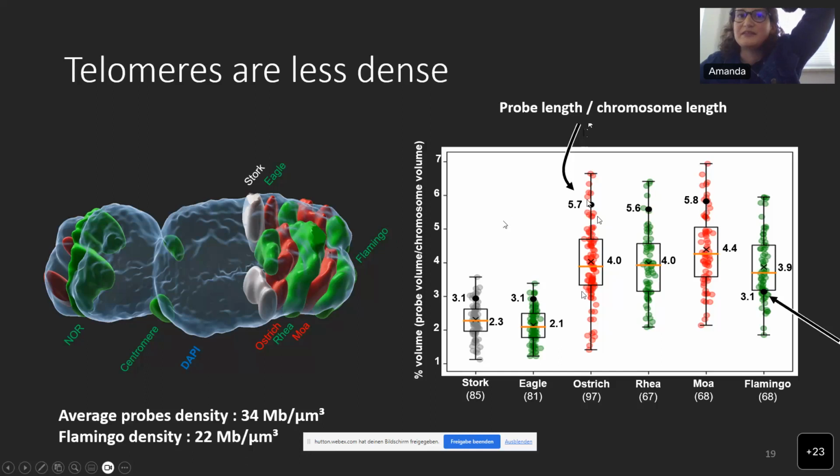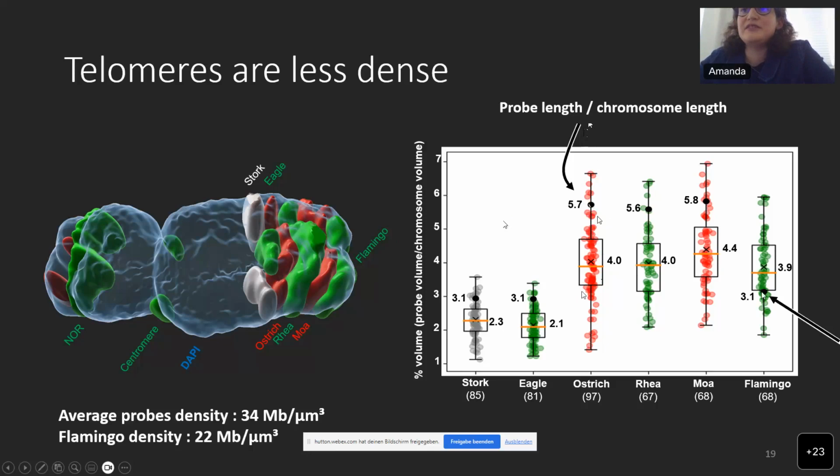So we expect 5.7%, for example, for this probe, so 5% volume. But we always measured volumes a bit smaller than we expected. So it might be something about the way we're measuring it.